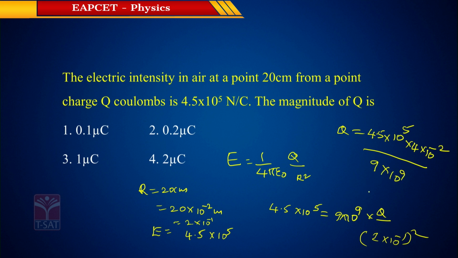You calculate this value. This is 2 into 10 to the power minus 6 coulomb. This is 2 microcoulomb. Which answer is it? The fourth answer, 2 microcoulomb, is the correct answer.